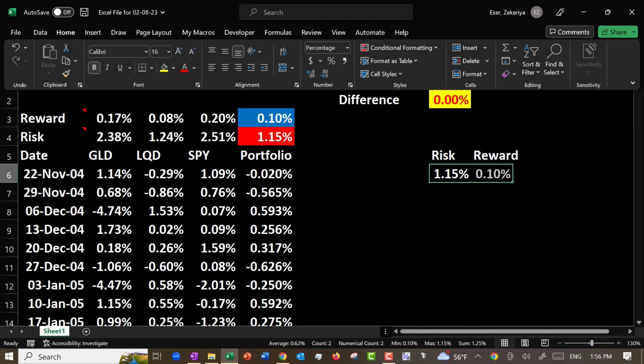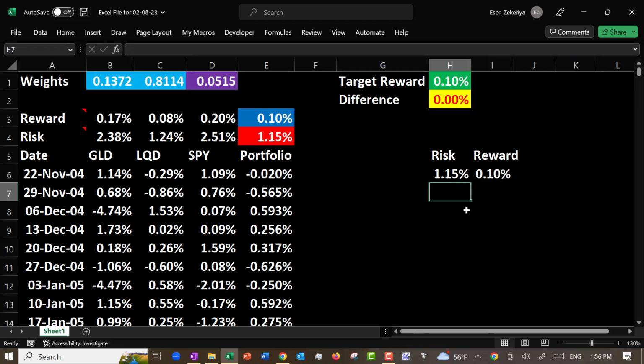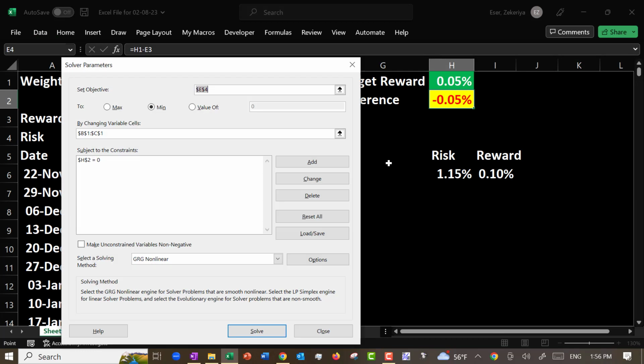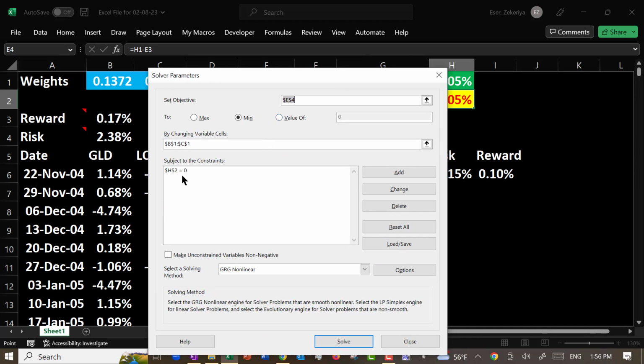Okay. Now let's do something for 5 basis points. Again, I'm going to do the same thing. Nice thing about solver in this setting, you don't have to change anything anymore. Data, solver, I already know that I want to minimize risk by the same set of constraints.